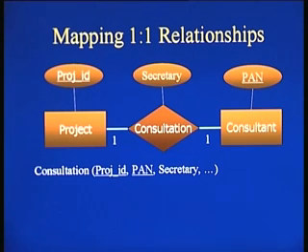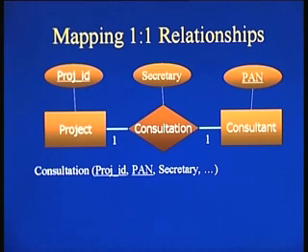The slide shows two entity types, project and consultant, okay, and each project is uniquely identified by a project ID, and each consultant is uniquely identified by his or her PAN number. And there is a relationship type called consultation, which has its own attribute called secretary, and it is a 1:1 relationship, and both of them are involved in a total participation.